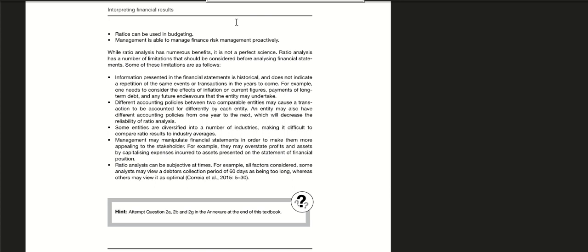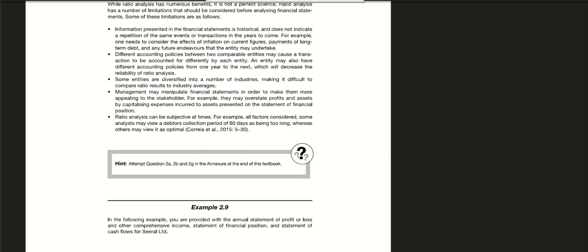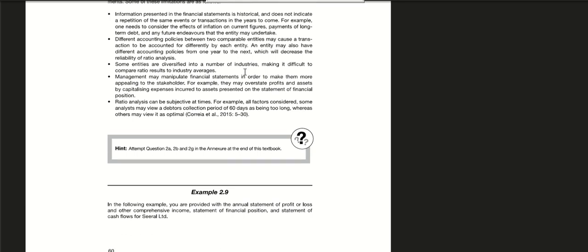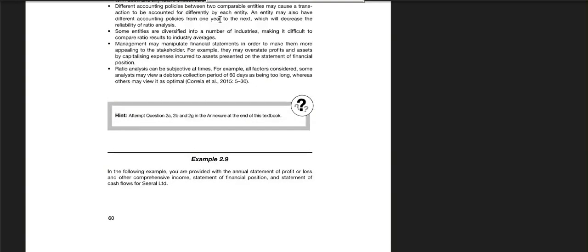Management can also manipulate financial statements in order to make them more appealing to stakeholders. True, true. And all this can be quite subjective at times, and that's why there are speculations, but everything should be understood in context. When you do this good read, you will know how to put everything in its context, right?